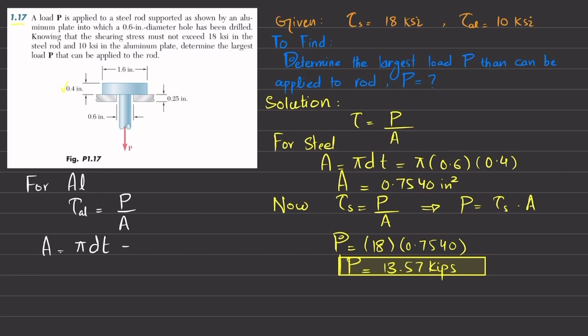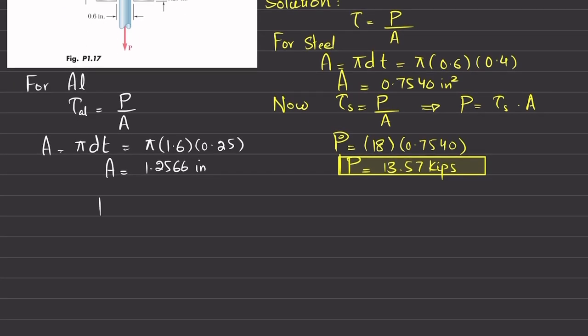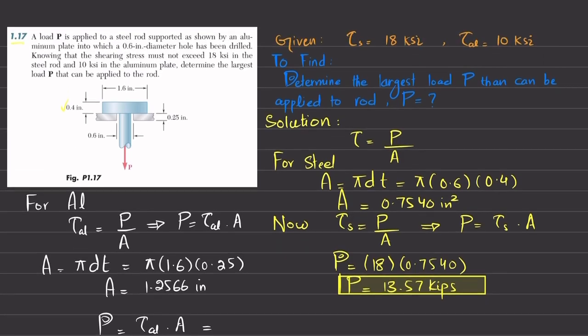So pi is 3.1417 multiplied by diameter, which is 1.6, and thickness 0.25. So when you calculate, it will be equal to 1.2566 square inch. Okay. Now put the value again. P will be equal to the allowable shearing stress in aluminium into A. So put the value, shearing stress in aluminium is 10 ksi.